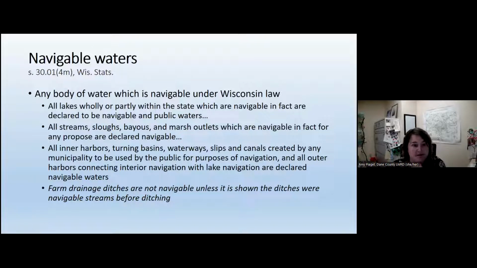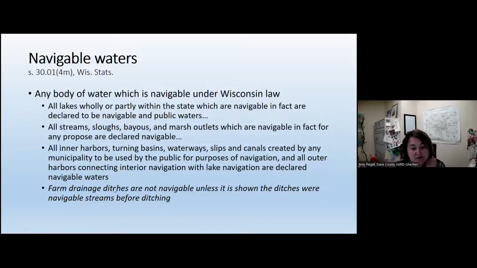Navigable waters are defined in Chapter 30 of Wisconsin statutes, and NR 151 references navigable waters. The main thing I want to take away from navigable waters that really overlaps a lot with the work that we do is this exception here where farm drainage ditches are not navigable unless there's some type of stream history.